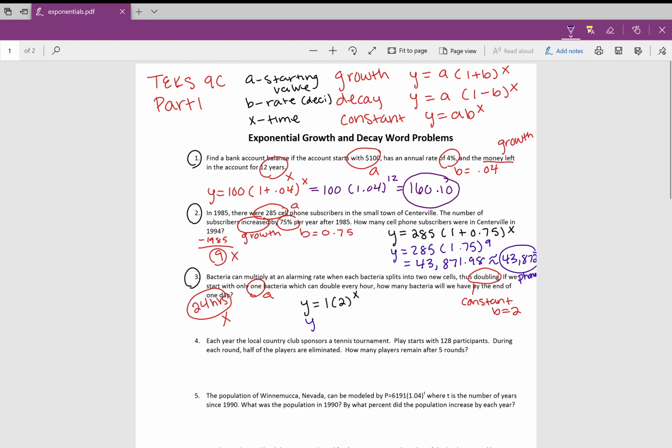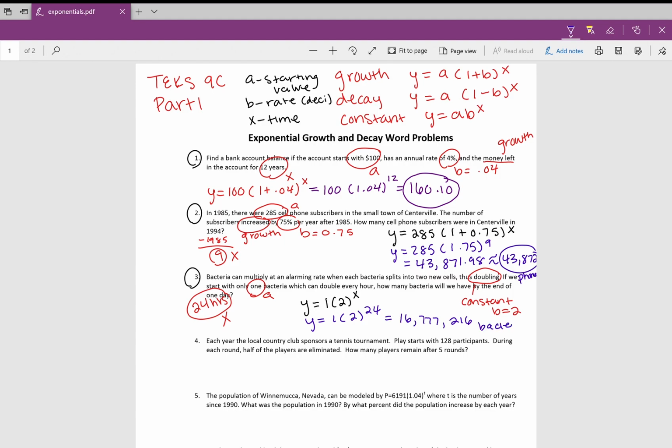So I have y is equal to 1 times 2 to the 24th power. So that's technically just 2 to the 24th power, which gives us 16 million, my bad, 777,216 bacteria.